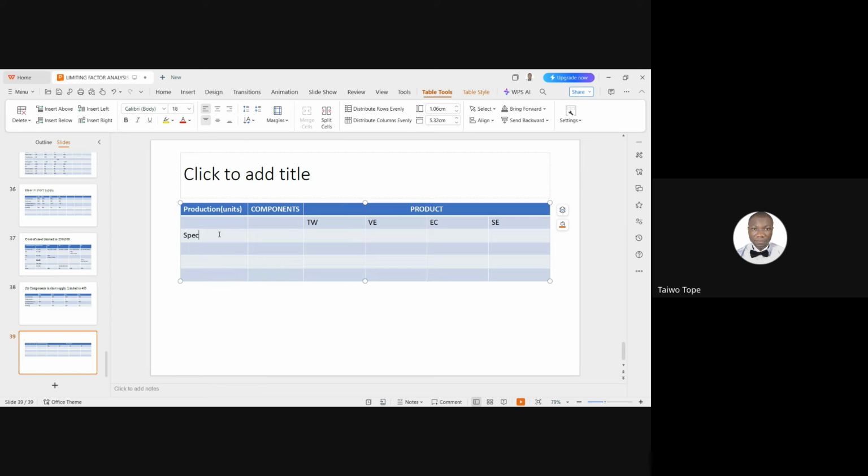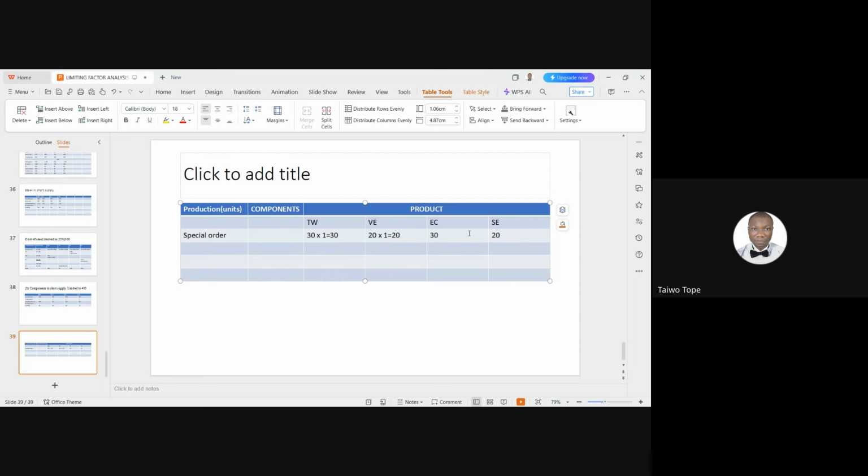for TW, you have 30, right? For VE, 20. For EC, 30. For SE, 20. So the total components to use, take note, this is multiplied by 1, it's 30, this is multiplied by 1, it's 20.